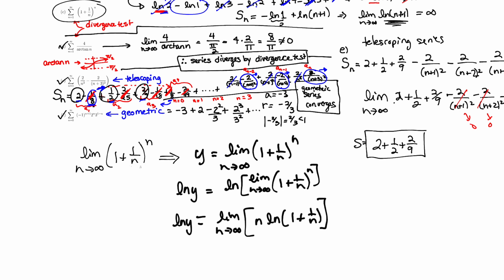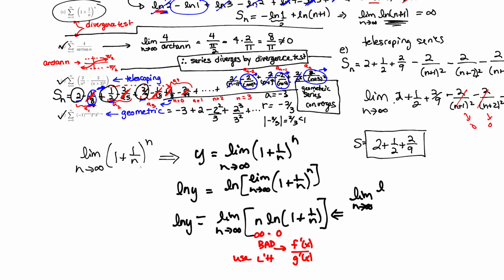I did a couple steps there. And that gives you infinity times 0, which is bad. And that's when you have to use L'Hopital's rule. And so what you try to do is get it to be a fraction. So we rework this limit into a fraction.